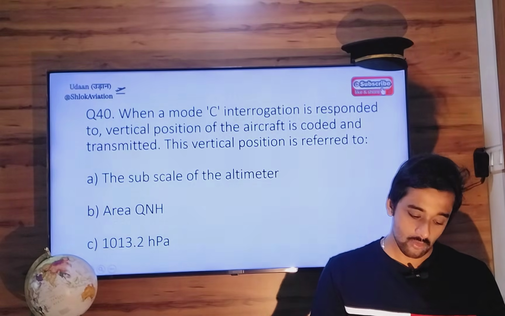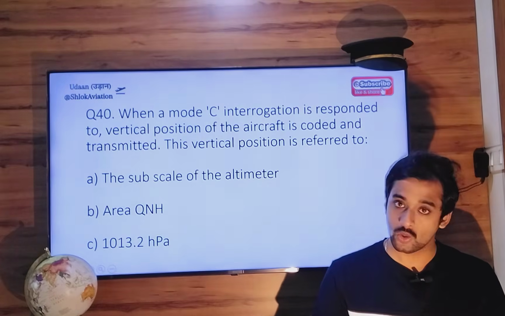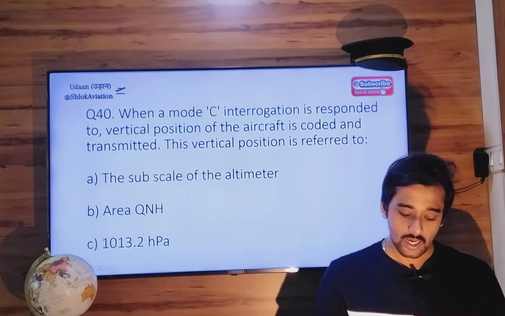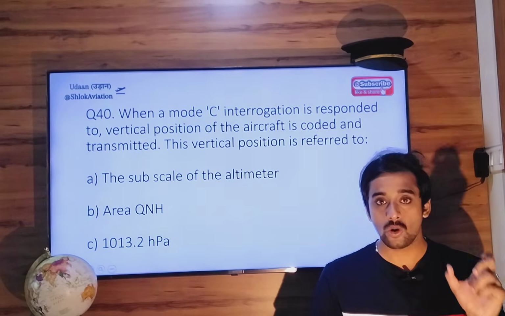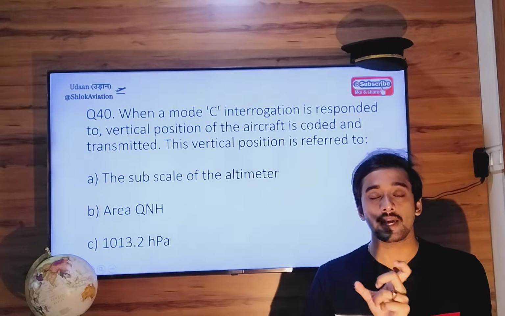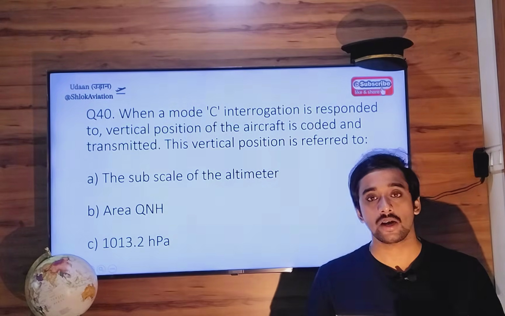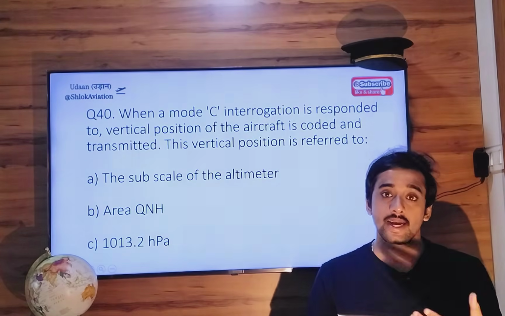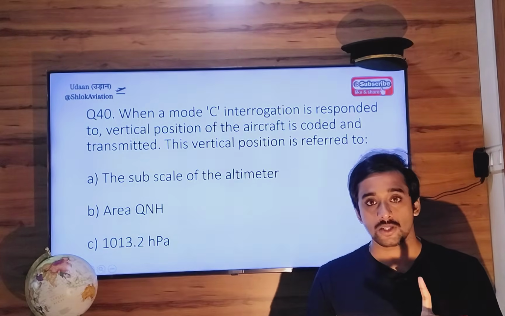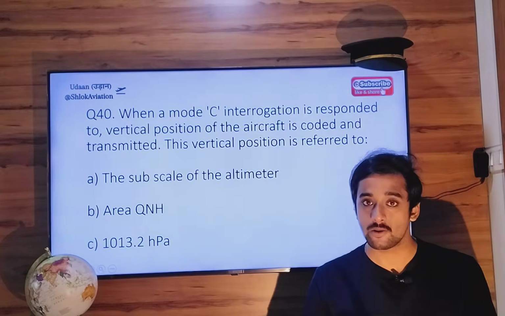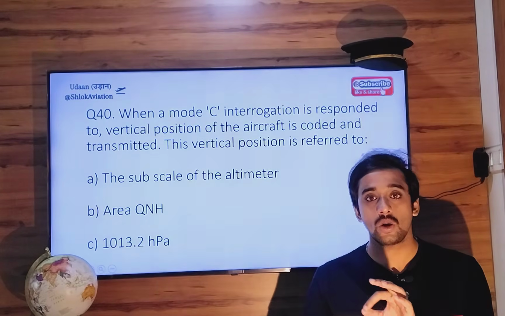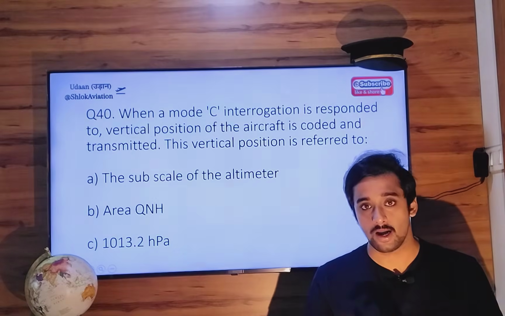Last question, when a mode C interrogation is responded to, vertical position is coded and transmitted. So vertical position is referred to what? Mode C capability of your transponder means altitude reporting capability. The air traffic controller will automatically get to know the vertical position of your aircraft. Now this vertical position is nothing but pressure altitude, which is a reference to pressure setting 1013.25 millibar.